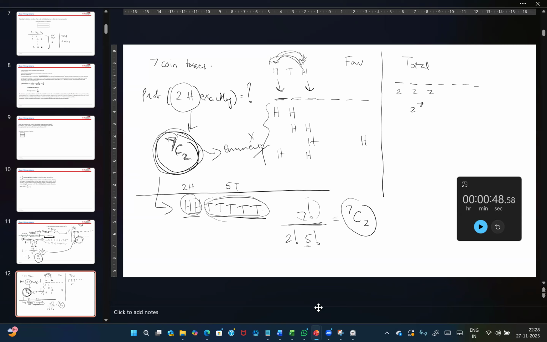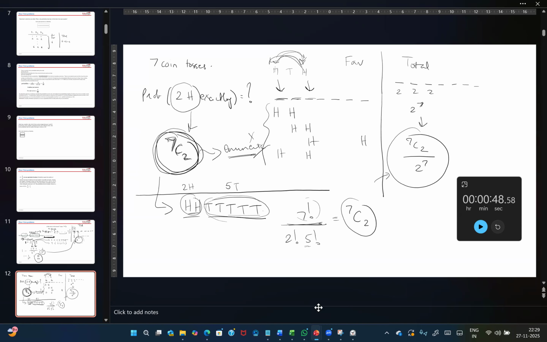So what is the answer here? 7C2 is 42 divided by 2, which is 21, into 1 by 2 raised to 7. Yeah, that's the answer ultimately. So enumeration is not possible everywhere. Wherever it's not possible, use the combinations or permutations formula.